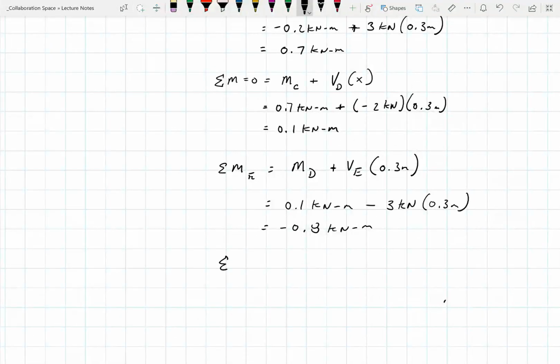So if I do the last one here, M at B is going to be equal to 0.